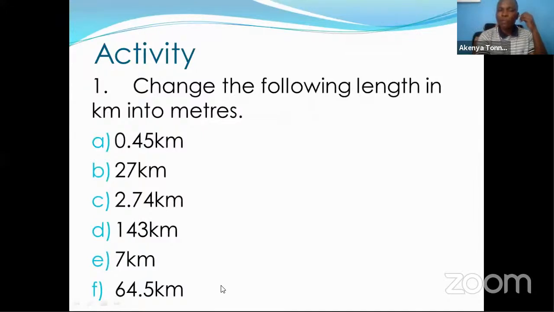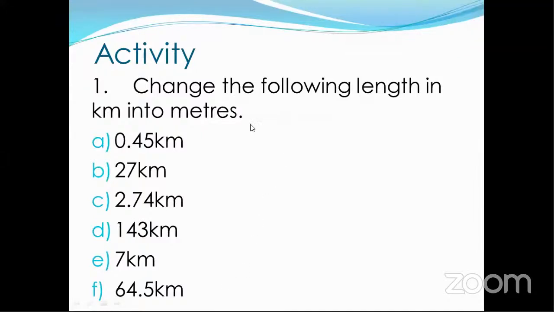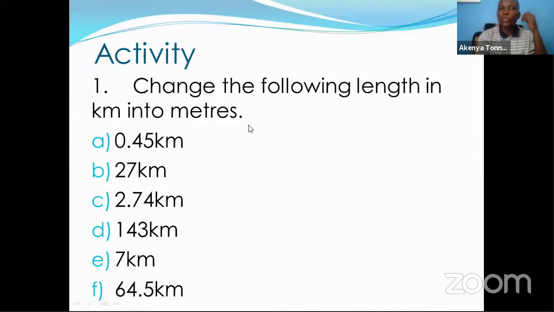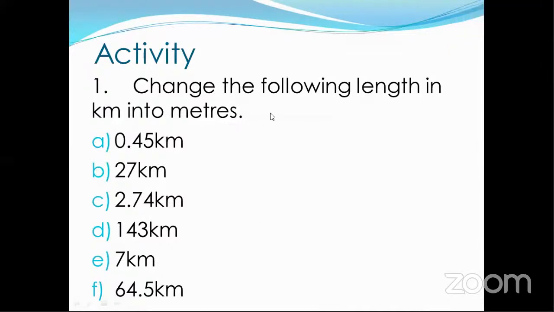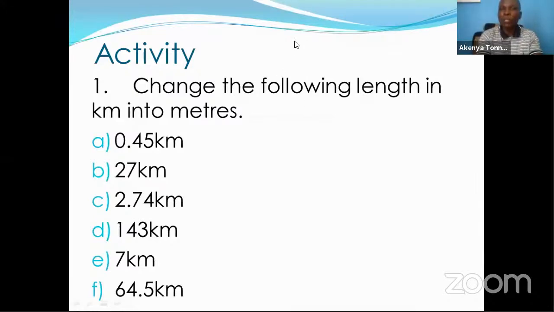It is 64.5 kilometers. So there is somebody who is saying they have not understood how to work out decimals. Can I go briefly and explain about decimals? Mpuge, can I go briefly and explain to you about decimals? Yes. Okay.